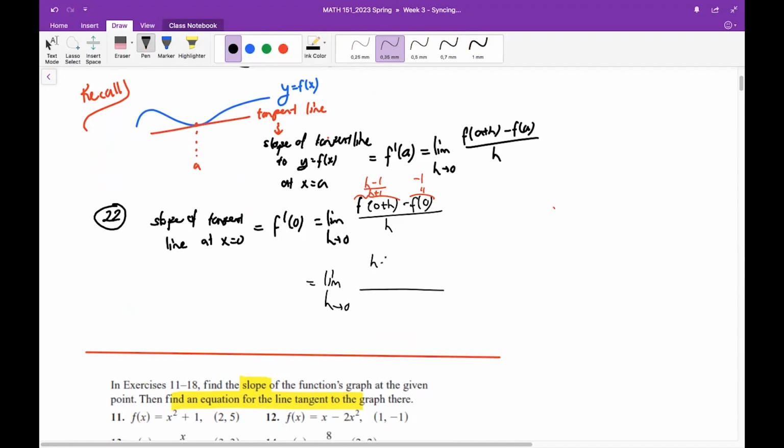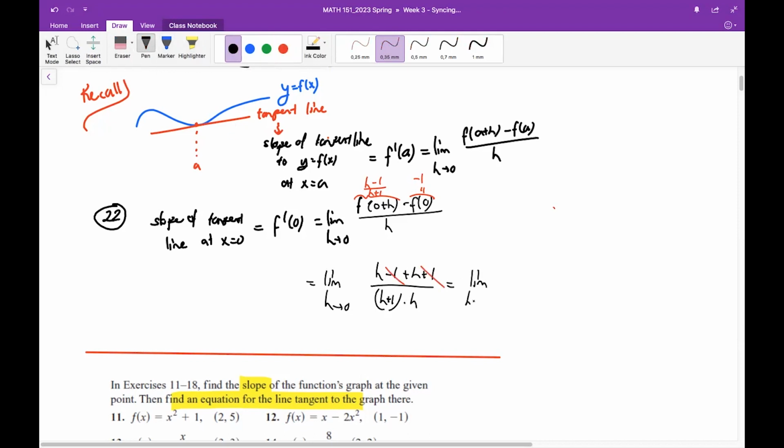Okay, what we have: h minus 1, minus minus makes it a plus, so plus h plus 1. So I am writing this over a common denominator. Okay, that's what I did here, divided by h plus 1 times h. There is also another h in the denominator. And then you see there is a simplification.